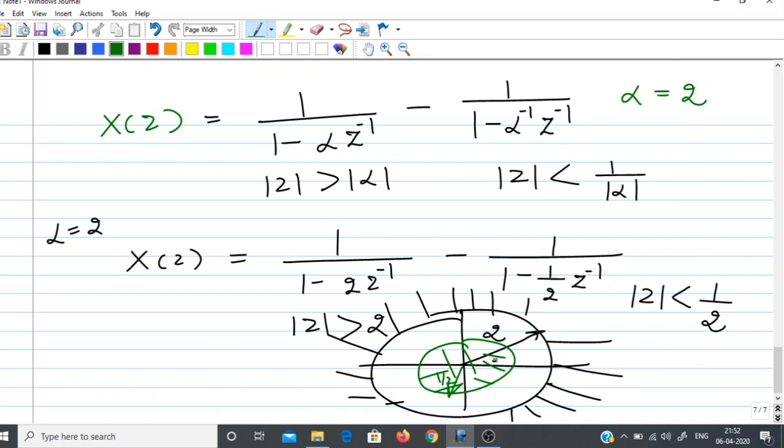Green is inside the circle of radius half and black is outside the circle of radius 2. So there is no common region where both the sequences are converging together. Though individually the sequences converge in different regions, they do not converge simultaneously, and therefore the answer is that the Z transform does not exist.